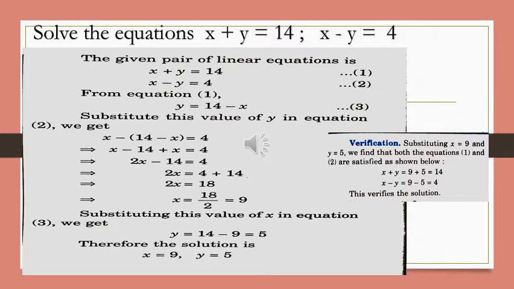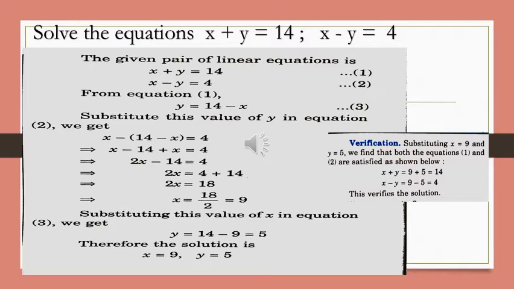Then you can take any one of these two equations, either 1 or 2, but you have to express y in terms of x. So y is equal to what? If you take equation 1, y equals 14 minus x.